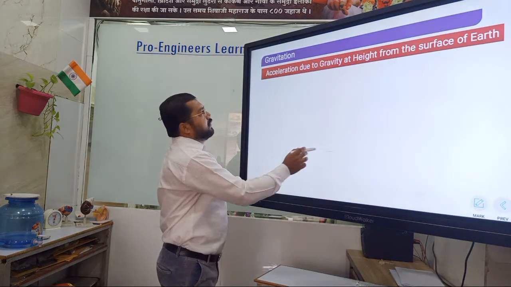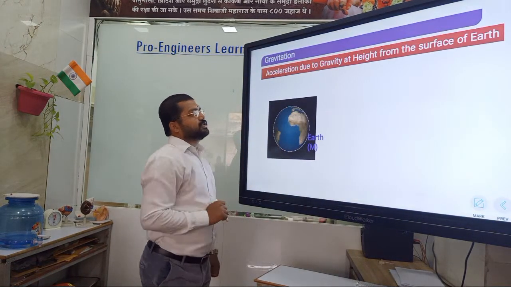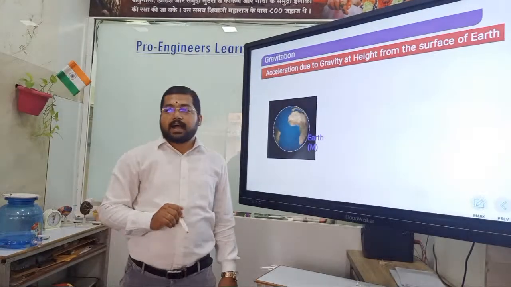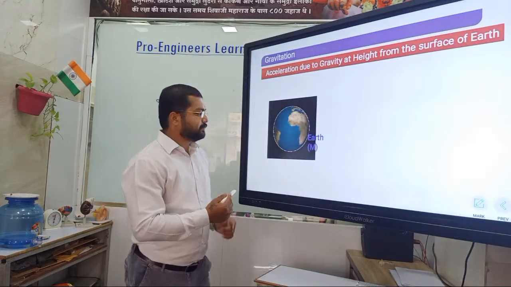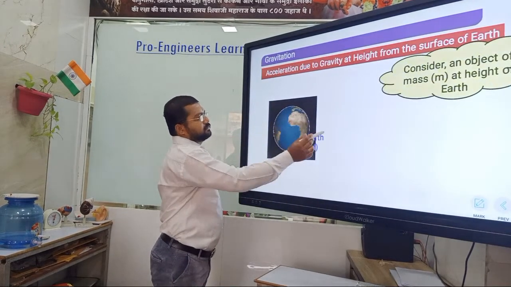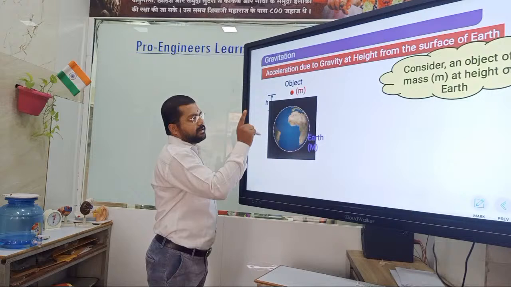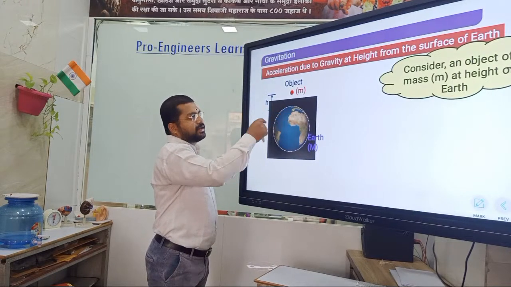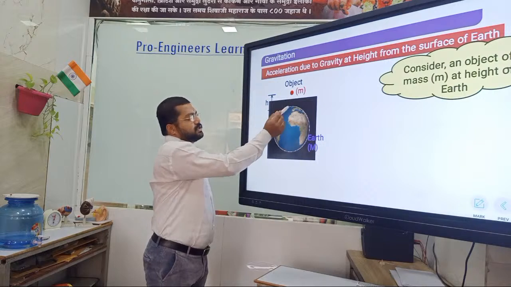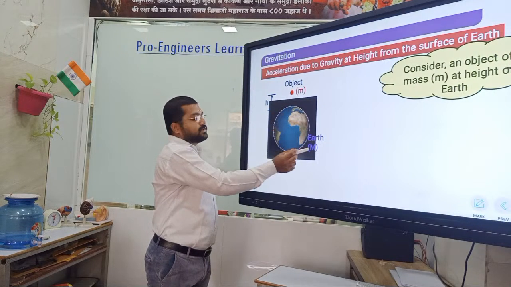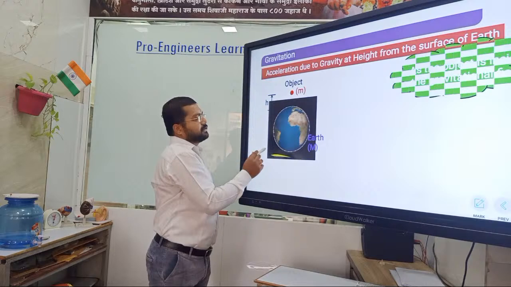So third point, acceleration due to gravity at height from the surface of earth. Consider an object of mass m at a height h from the surface.